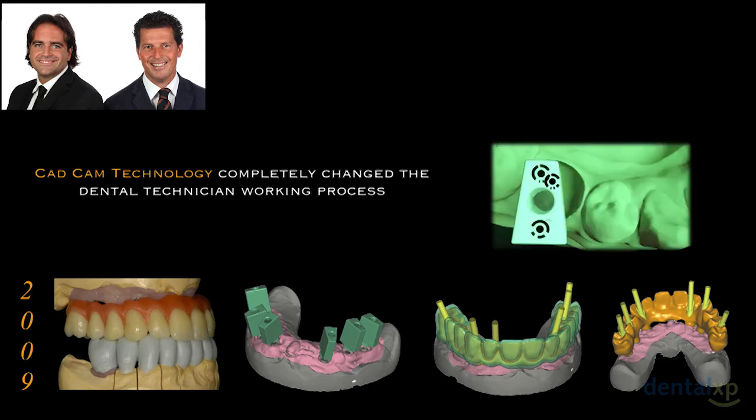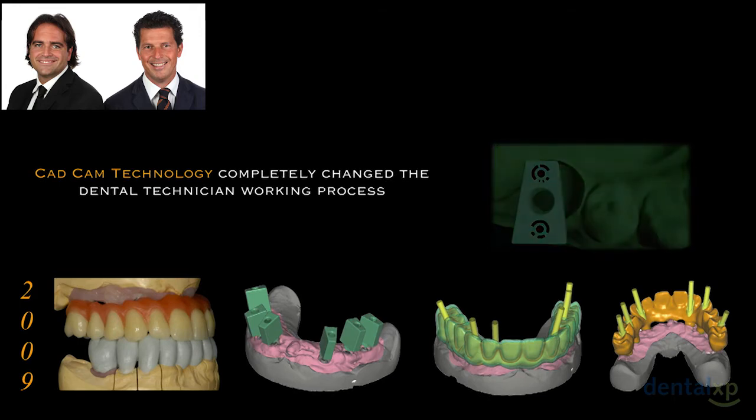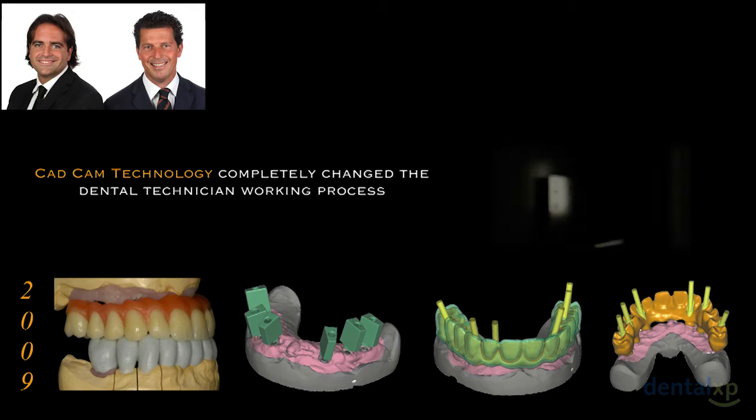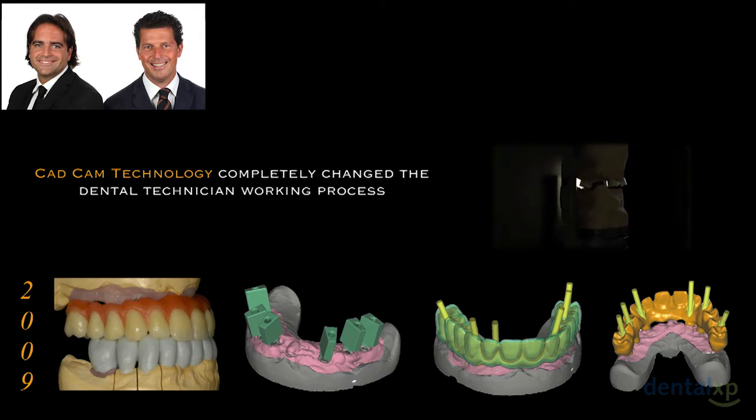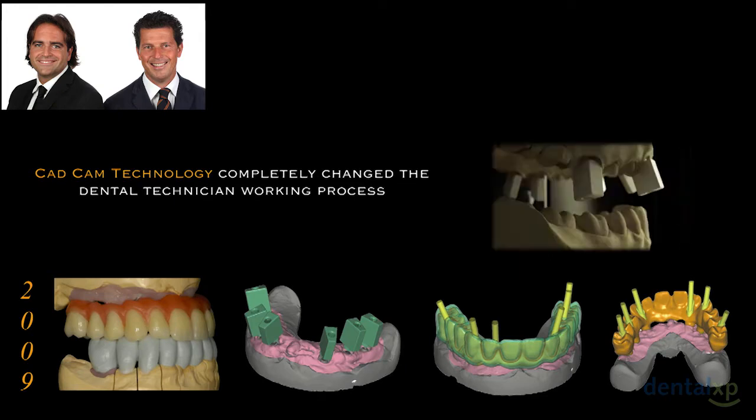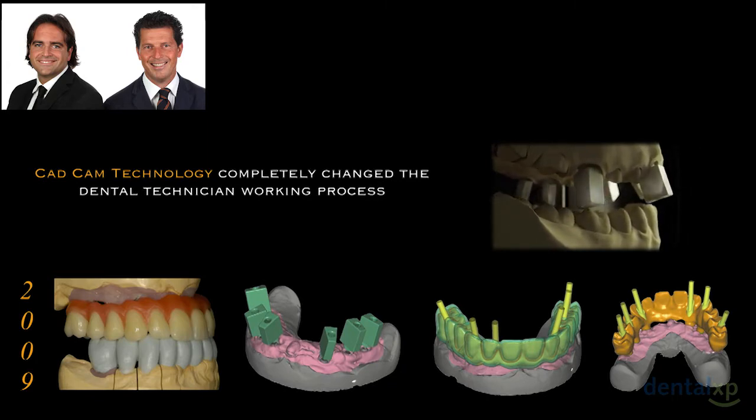Helped by the new software potential, he had all the major variables under control. He could check the volumes of the final restoration, having in front the implant screw hole axis, as you can see in the slide, and the framework design, all in the same picture.